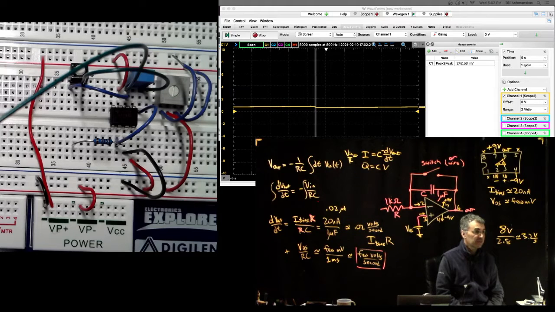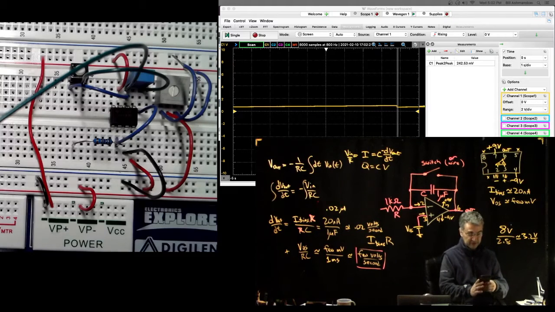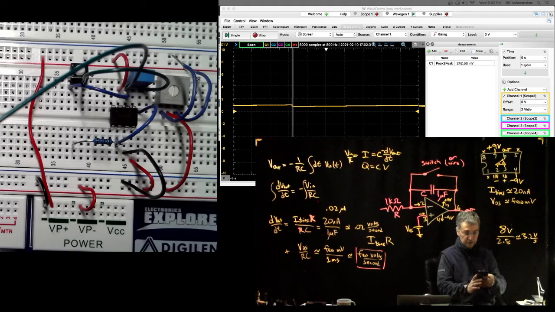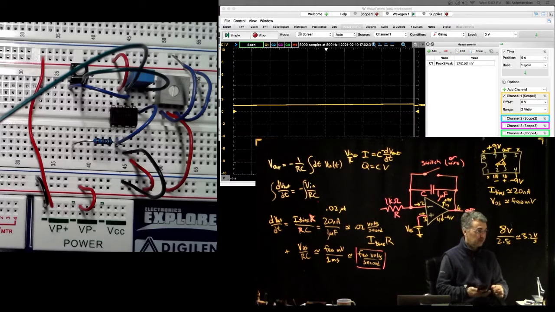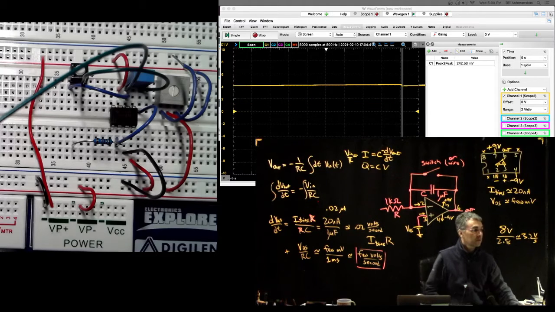Actually, this is so slow you could do it with a stopwatch. In the lab I recommend doing it with a stopwatch. So maybe I'll pause the camera and do this with a stopwatch. We'll see how long it takes to go 2 volts. Okay, and then I'll report back to you.